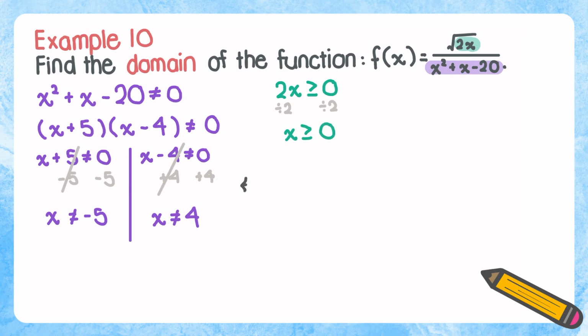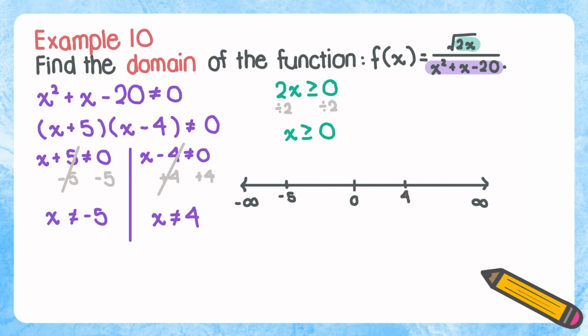So what does this look like on the number line? I'm just going to write down the important numbers. So I know x is going to be greater than or equal to 0, and x cannot be negative 5, and it also cannot be 4.